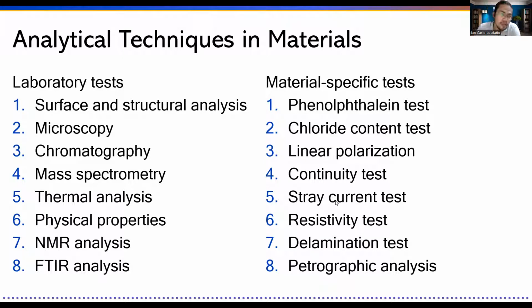Chromatography. There are a lot of ways to do this. You have ion chromatography, the most common of which is also gas chromatography or liquid chromatography. There are other more advanced or modern chromatography techniques, but the basic idea of chromatography is to identify the molecular components via molecular separation analytical techniques.